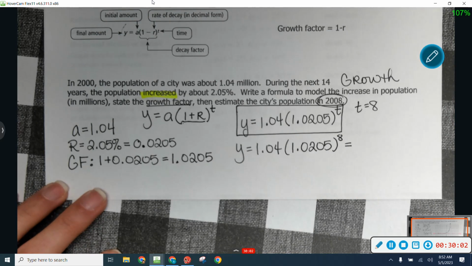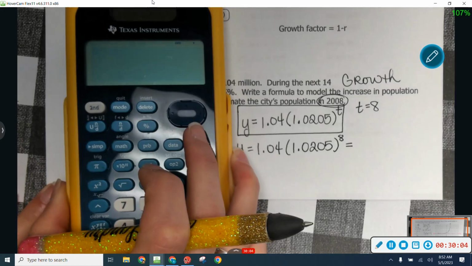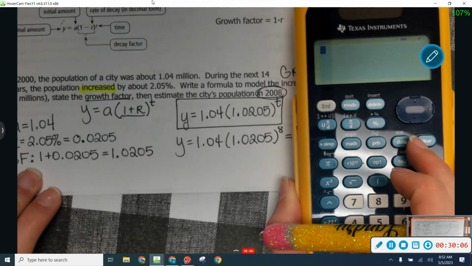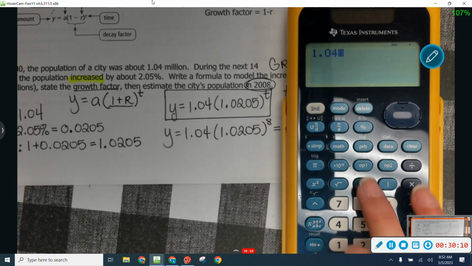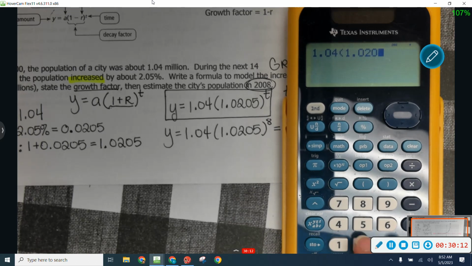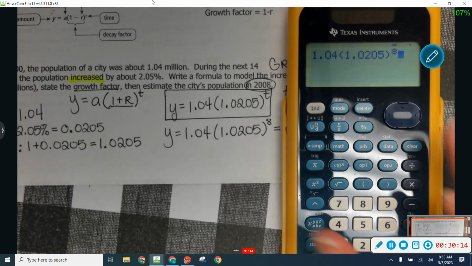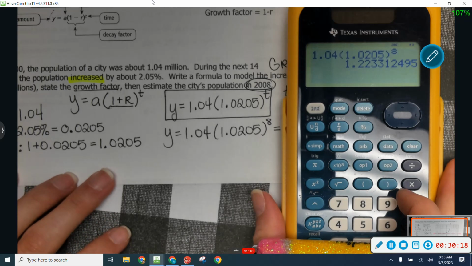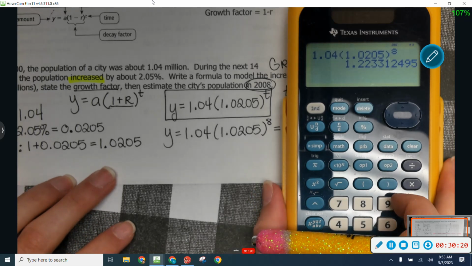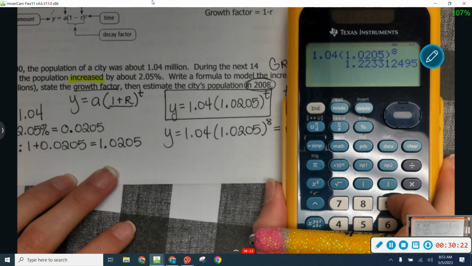All right, you can type that in your calculator, whichever one you want to do, the Inspire or the Scientific. Okay, I get that decimal. Now remember, I'm in millions. We're just going to round this to 2 decimal places.